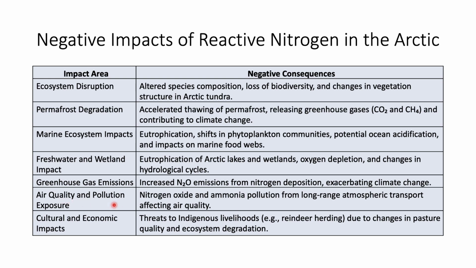With respect to air quality and pollution, nitrogen oxide and ammonia pollution from long-range atmospheric transport affects air quality. Similarly, there are cultural and economic impacts: threats to indigenous livelihoods, that is reindeer herding, which are changing due to changes in pasture quality and ecosystem degradation. These are all the negative effects in the Arctic region.